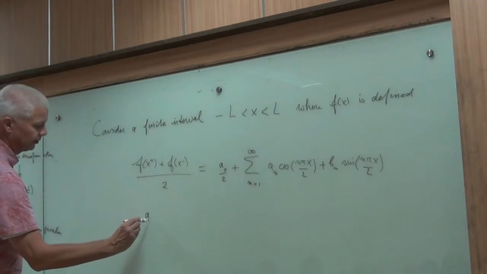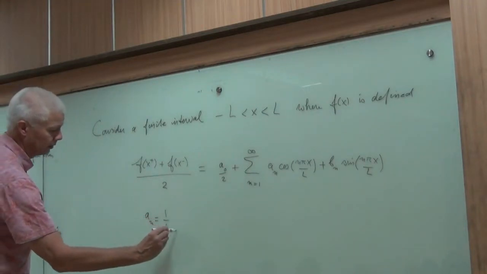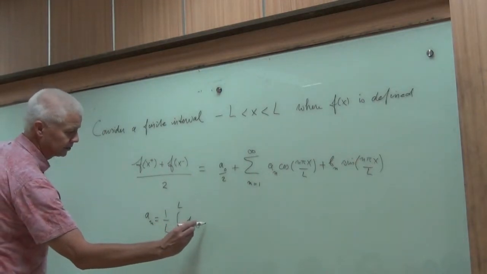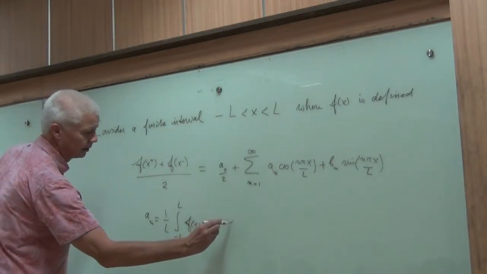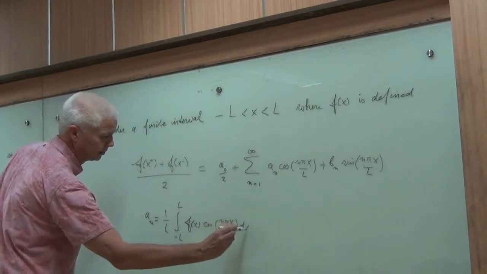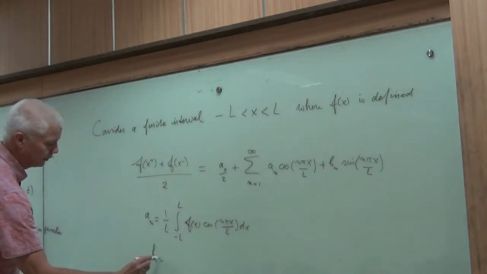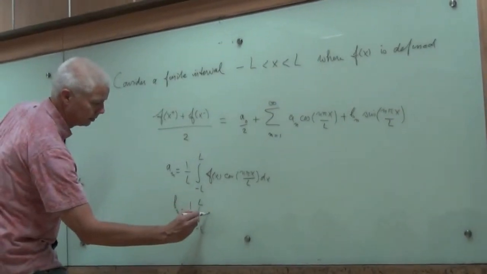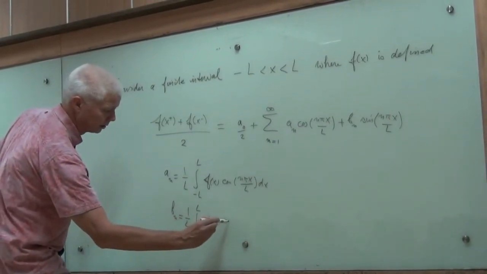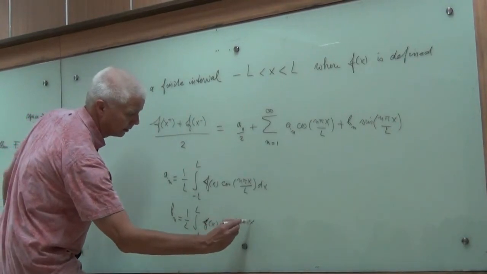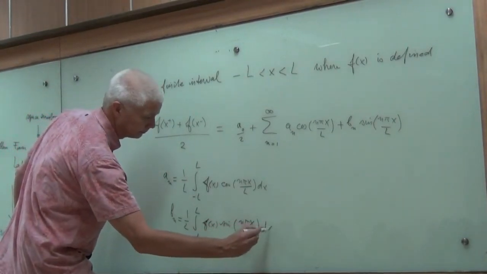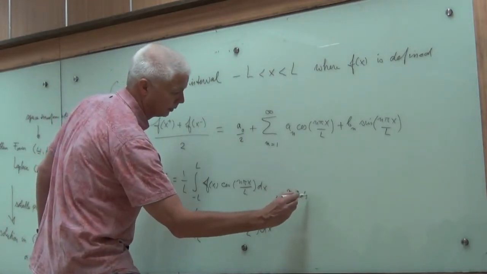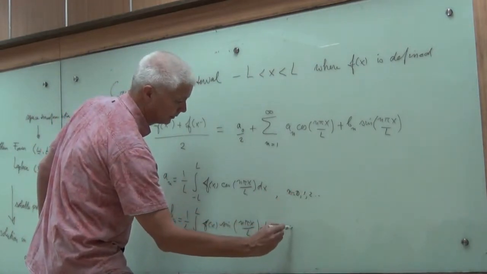Yeah, some of you already know all those coefficients by heart. A_n is 1 over L, integral from minus L to L, f(x) cosine(n pi x over L) dx. And the B_n values are 1 over L, integral from minus L to L, f(x) sine(n pi x over L) dx. The first formula is valid for n is 0, 1, etc.